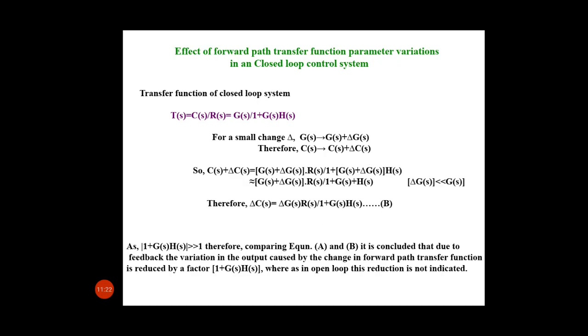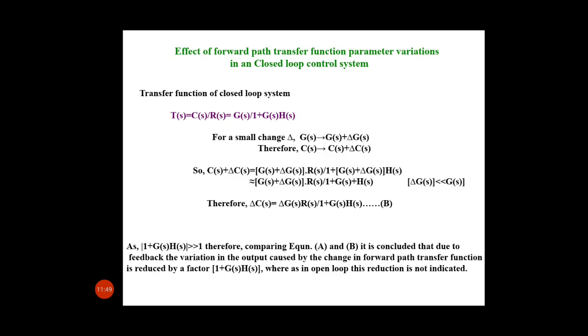Now come to the closed loop system. If we consider the negative feedback, then the transfer function or overall gain is T(s) = C(s)/R(s) = G(s)/(1 + G(s)H(s)).